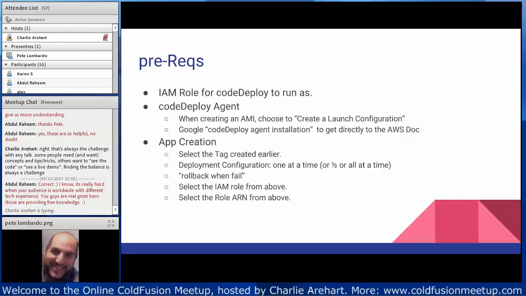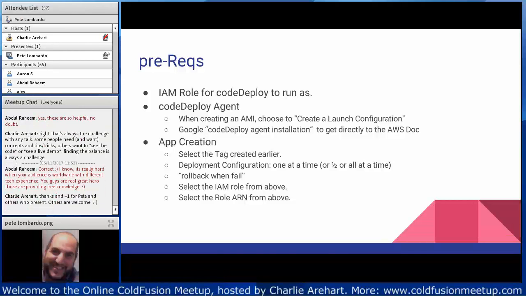The important note is that in order for CodeDeploy to work, the agent itself needs to be on all of your EC2 instances that you want to deploy to. It's not a push methodology, it's actually a pull. So your AMI itself will cycle through and go get the latest code revision that you want to give it.